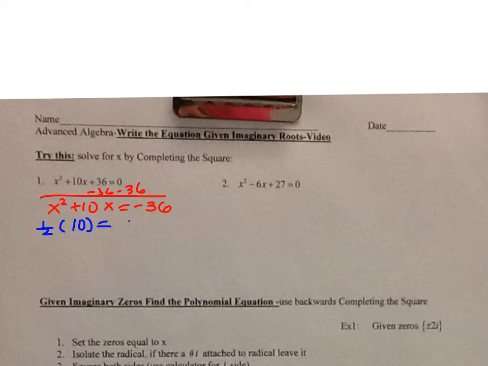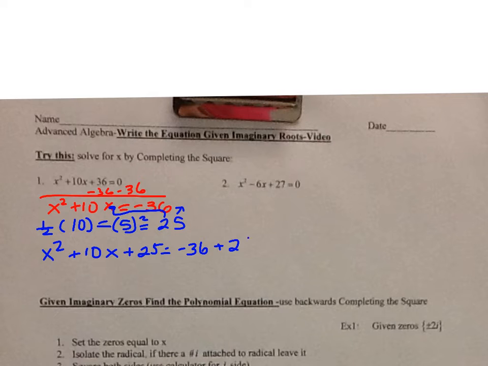Half of 10 is 5, squared is 25, and we're going to add that to both sides here. So I get x squared plus 10x plus 25 equals negative 36 plus 25. Now, negative 36 plus 25 is negative 9.